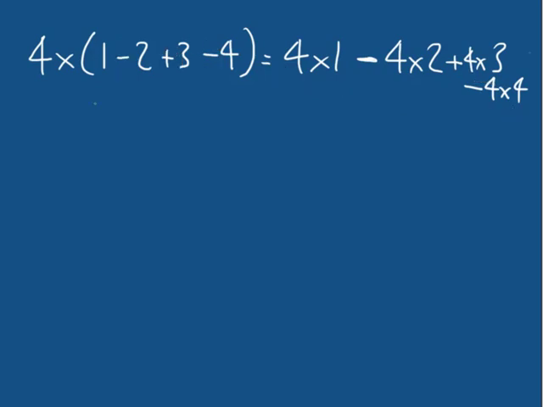And we can see that really quickly because the left hand side evaluates to 4 times 1 minus 2 is minus 1 plus 3 is 2 minus 4 is minus 2.